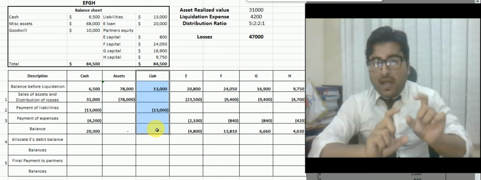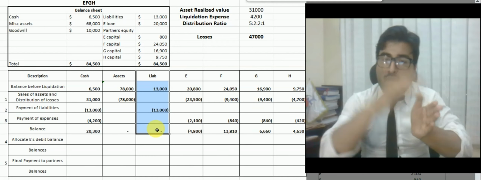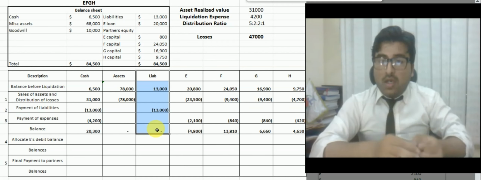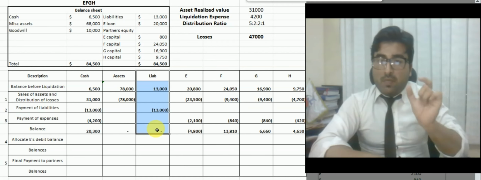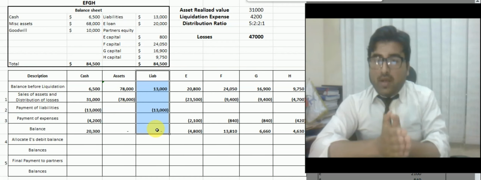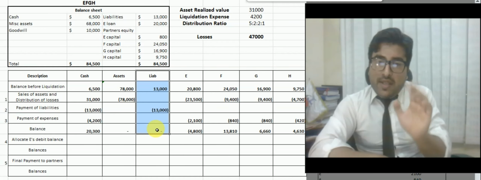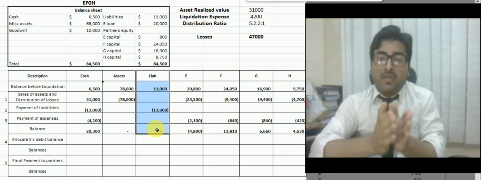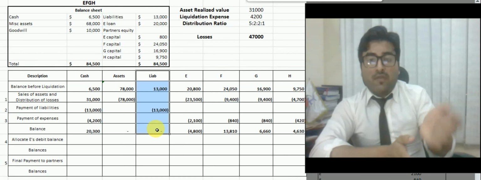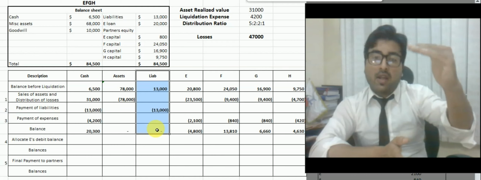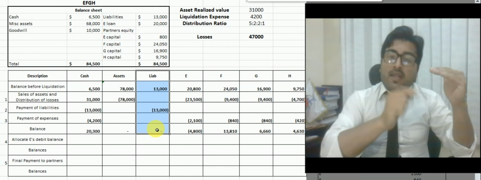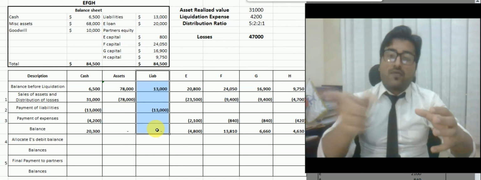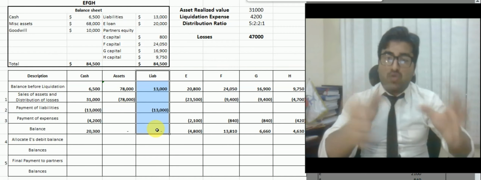The reason is that the liability is taken from a creditor, a third party who is not the owner or a partner, but the partner is the owner. So each and every partner has unlimited liability. Unlimited liability means if the losses of the partner are higher than his investment, then he has to manage this amount from outside sources.